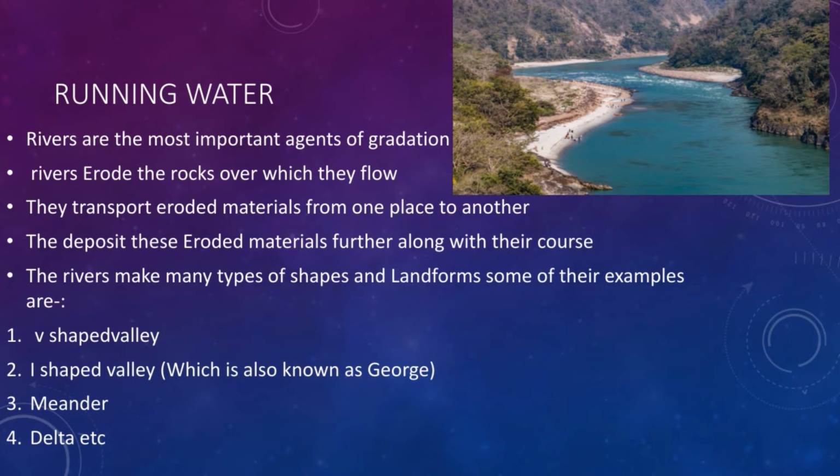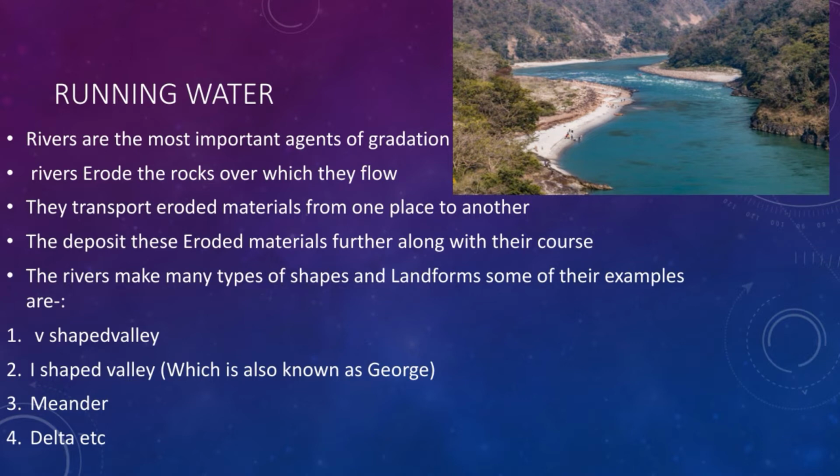Rivers are the most important agents of gradation. Rivers erode the rocks over which they flow. Means while flowing, the river also does the cutting work with the help of water. It erodes the rocks over which they flow. Then they transport eroded materials from one place to another.